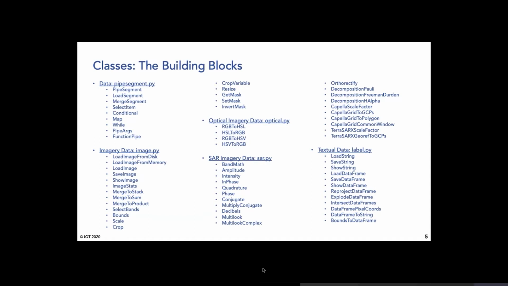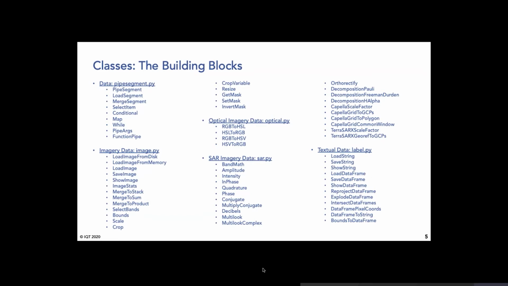Within the image.py module, one can find classes related to manipulating geospatial imagery of any kind. And then the optical.py module, which is pretty small, just contains a few classes that are really only useful for optical imagery, whereas the sar.py module is more developed, containing a collection of classes for doing the special image processing related to working with SAR.